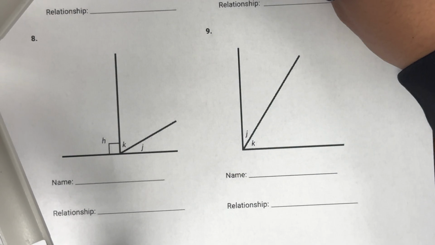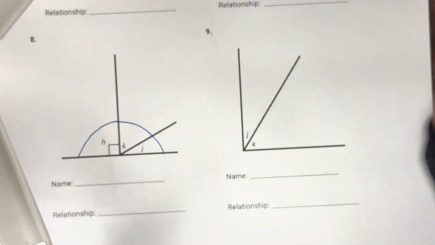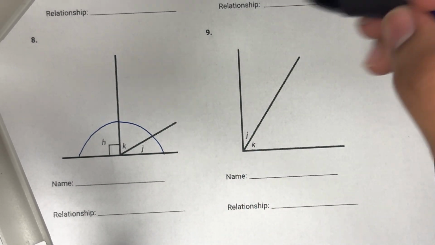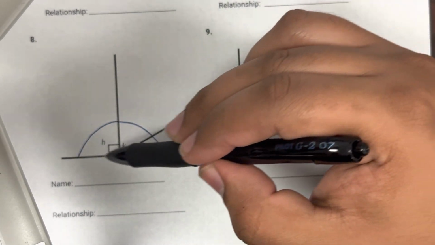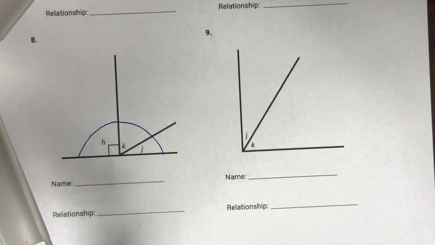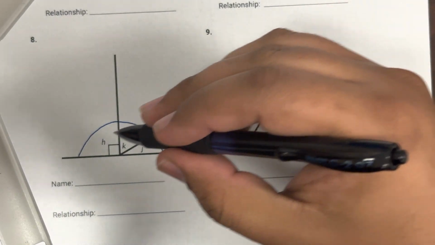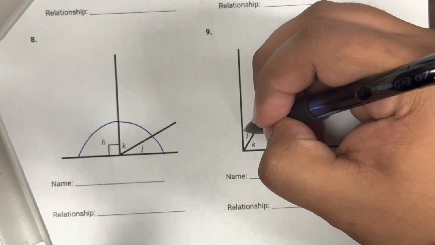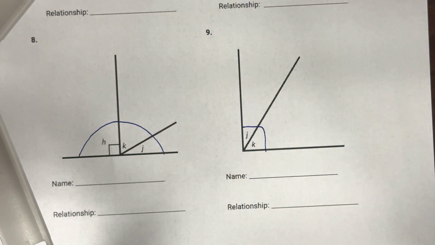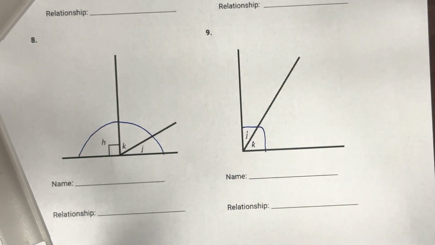Angles HKJ is another set of straight lines. Of course, one straight line tells me that all these angles add up to 180. I'm not very happy about this specific one because I need that little symbol right here to determine it's 90 degrees, but the book is telling me it is 90 degrees. So angle J and K add up to 90 degrees.